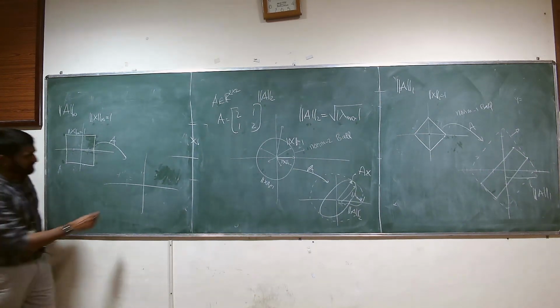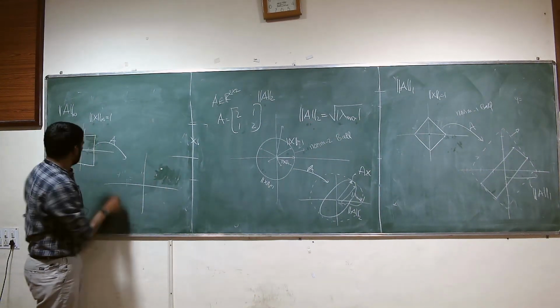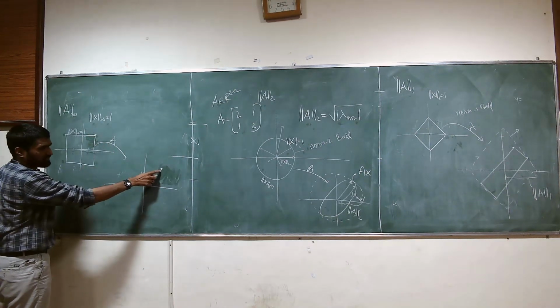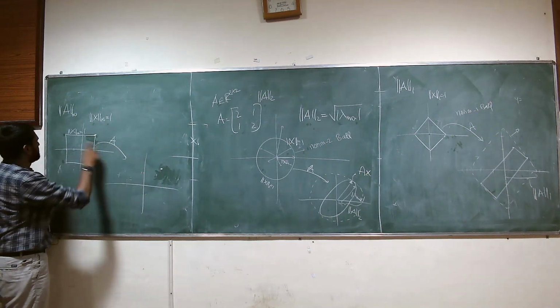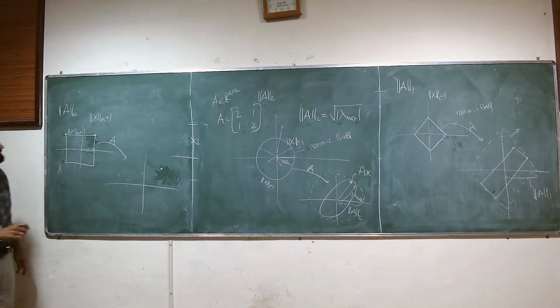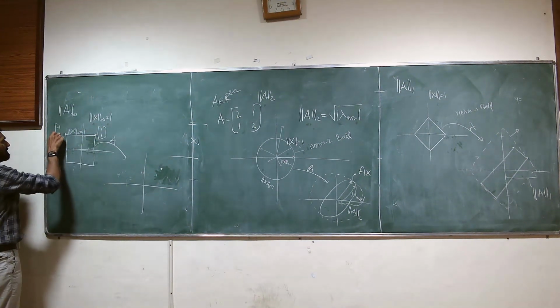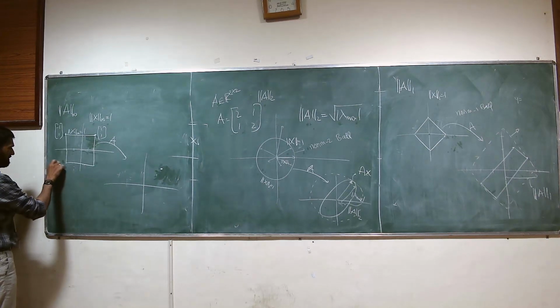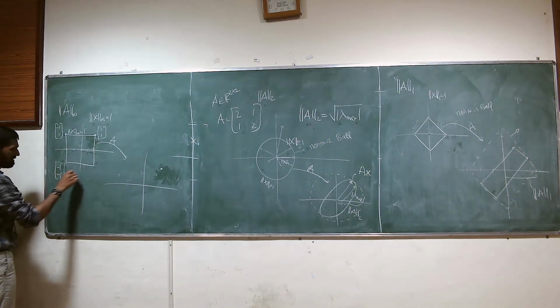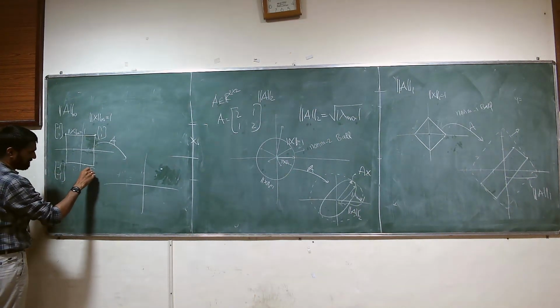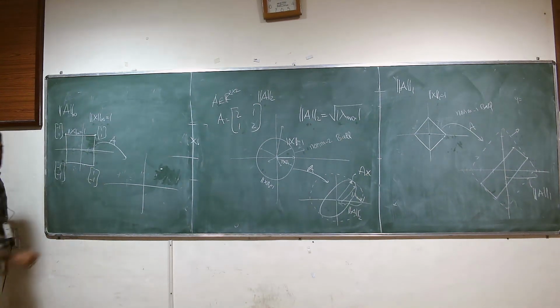Well, 3, 3, no? This point will get mapped to here. What will this get mapped to? This is 1, minus 1.